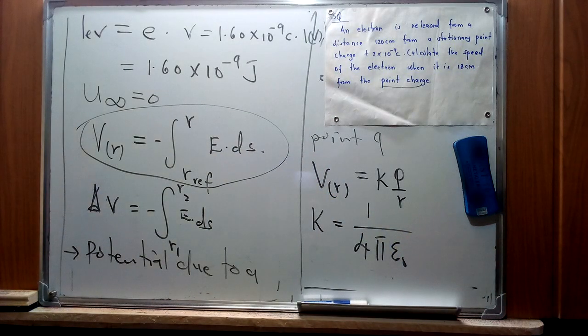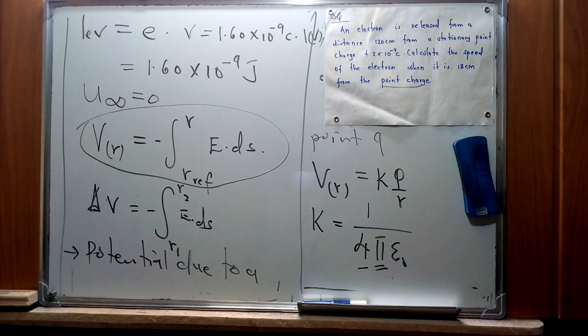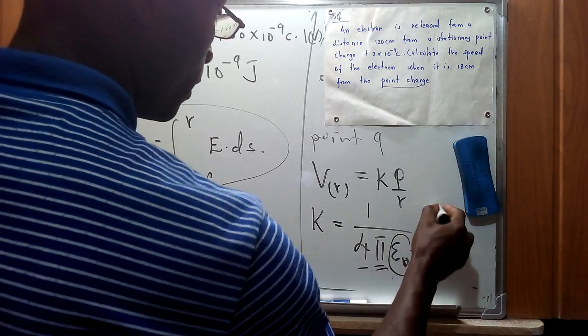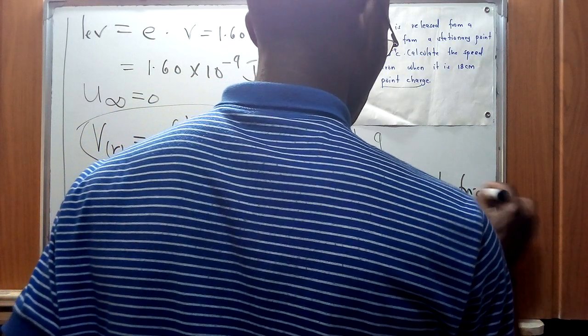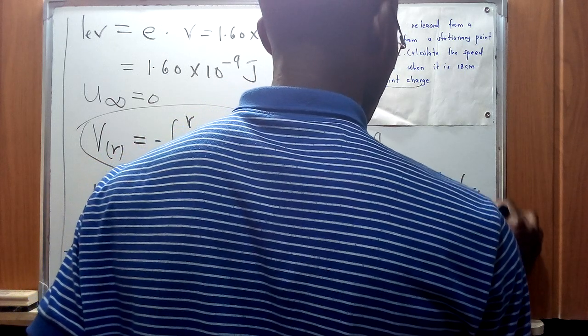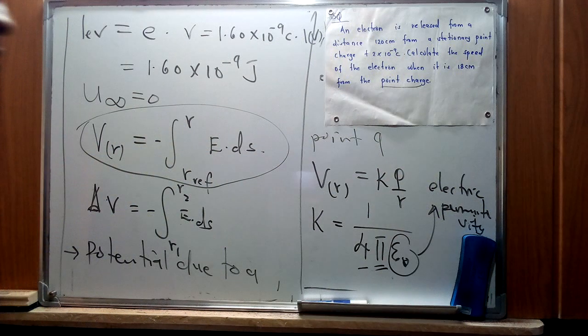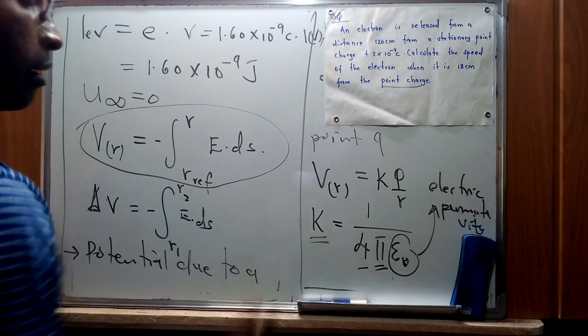This is just a numerical value, pi, and epsilon naught, which I've said is the electric permittivity, a given constant. The reciprocal of this entails the concept of K.